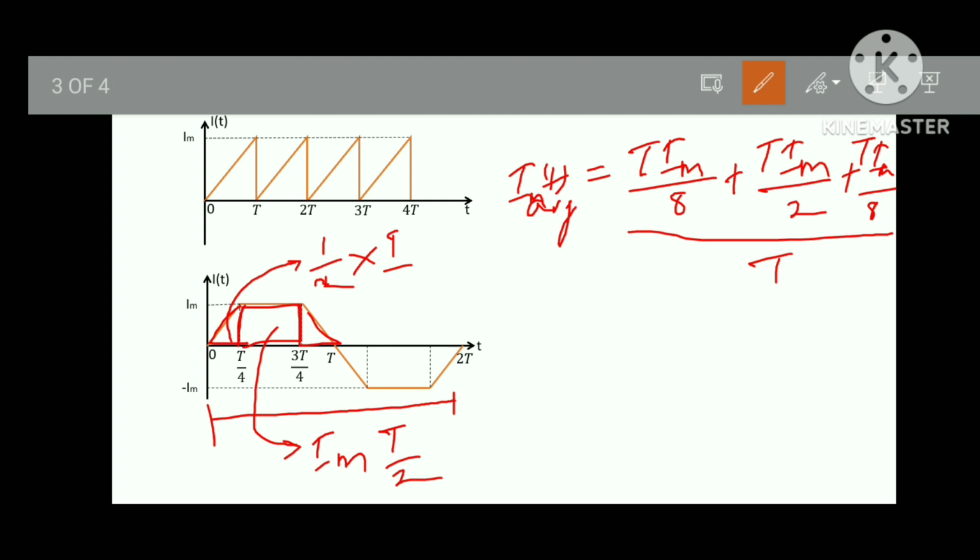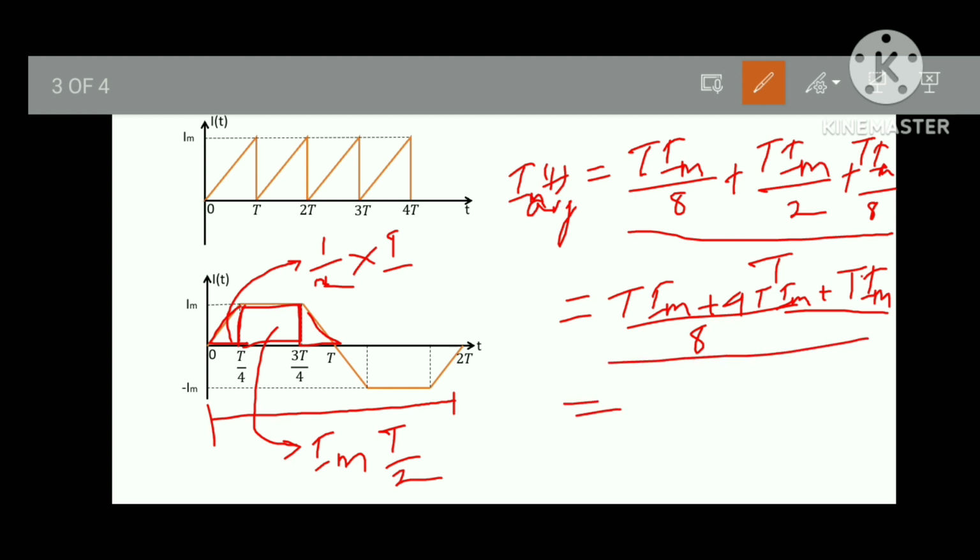Now let's calculate. This is T Im plus 4 T Im plus T Im, upon 8 T. So this will be equal to 6 T Im upon 8 T, which is 3 Im upon 4.